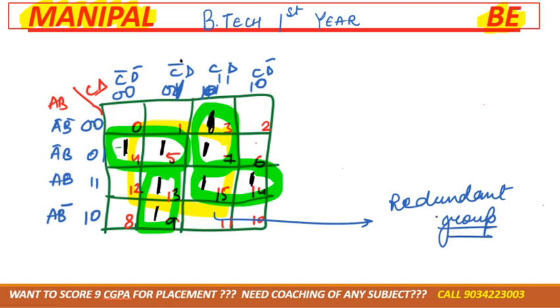So you have to smartly check, after making the pairing, that if you remove any group it doesn't matter because every one is still covered. So we don't need the redundant group. In this case, we'll have four pairs. Understood? So this is a kind of modified question that comes in Manipal.